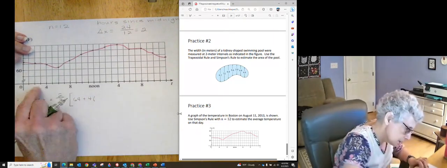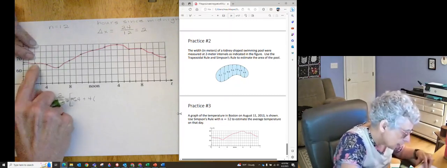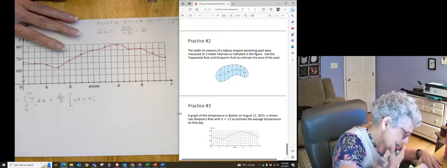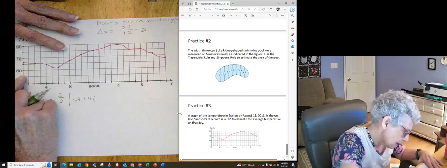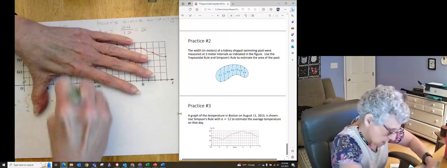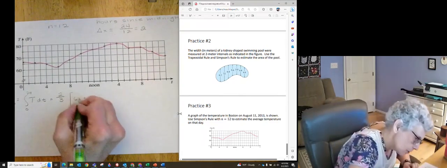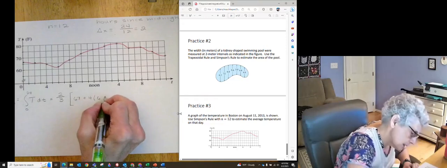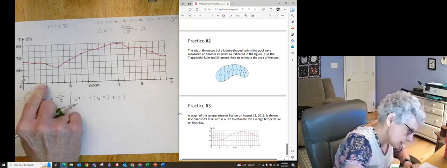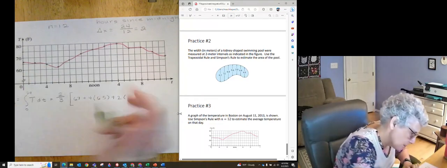4 times the temperature at 2 a.m., and I'm just going to call that 65. Actually, yes, since that's 65, this is 60, that should be 67. I didn't read my scale correctly. So this would be 65 plus 2 times, gosh, not much difference.